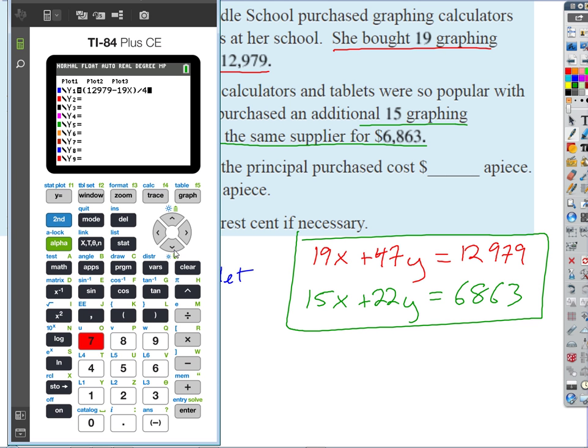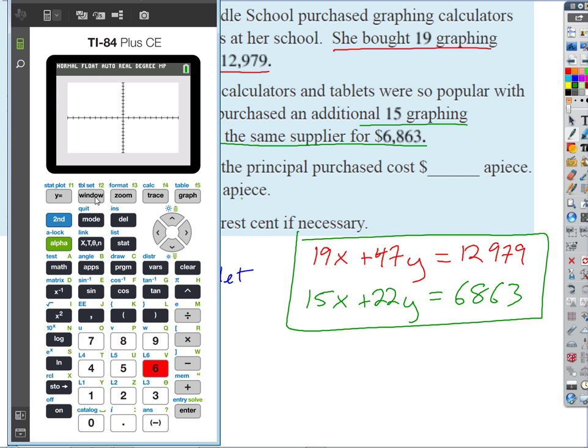And for the second equation, I'm going to open a set of parentheses. On the right side, I've already got a 6,863. I'm going to subtract 15x to that side, close the quantity, and then divide the whole thing by 22. And then I think if I hit zoom 6, it's very unlikely I'm going to see anything because those are pretty big numbers.